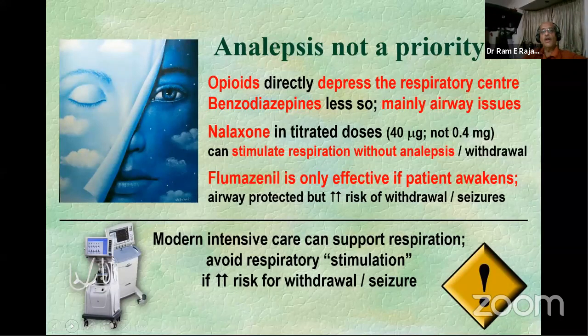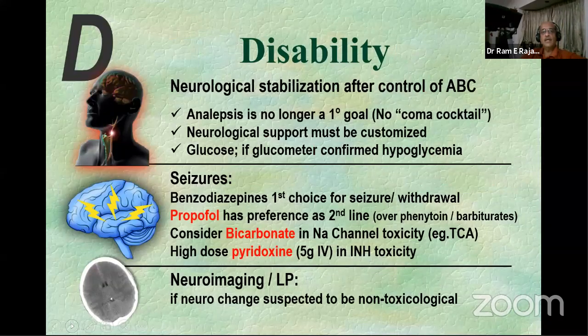Okay, so along these lines, as far as the coma cocktail is concerned, analepsis is not the primary goal. So most components of the coma cocktail are probably not something that we would even focus on. And as I said, neurological support must be appropriate, with glucose being adjusted and treated according to a glucometer reading rather than empirically.